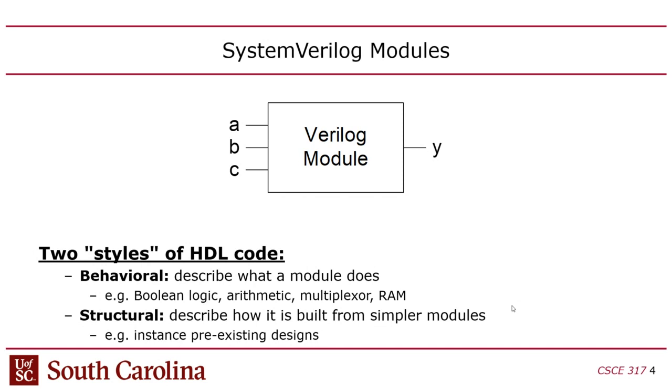So basically, behavioral is Boolean logic, or sometimes arithmetic, although usually you don't actually rely on the language to do arithmetic. Usually you build IP that does the arithmetic, other submodules. But you can build little multiplexers, which is like a little conditional statement, and also RAM.